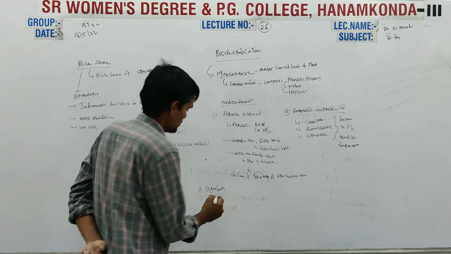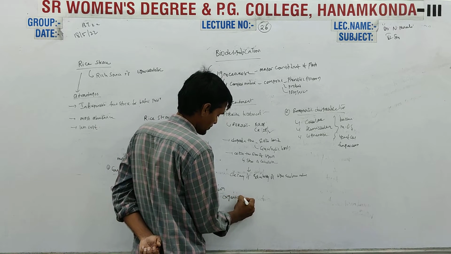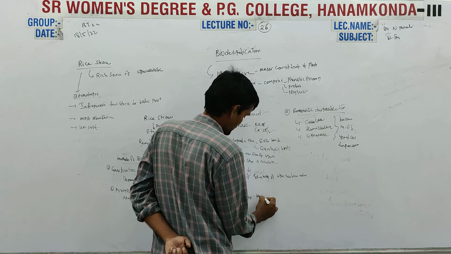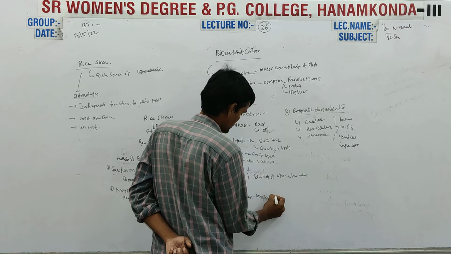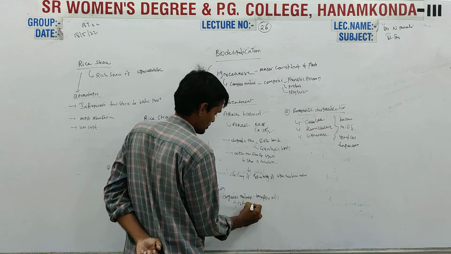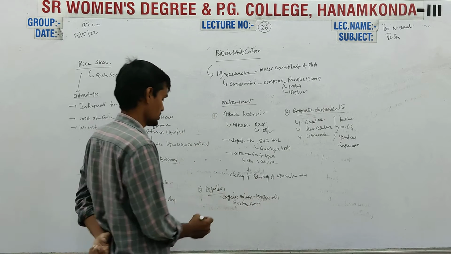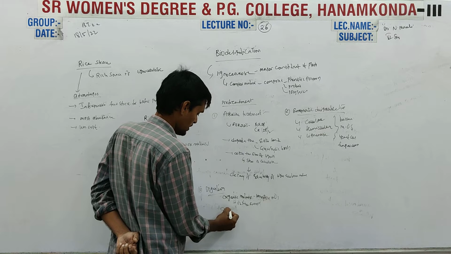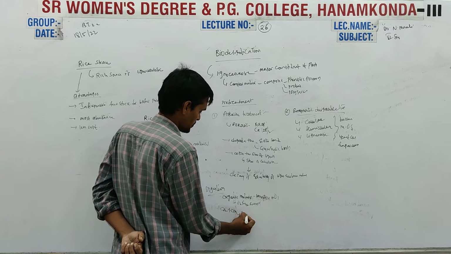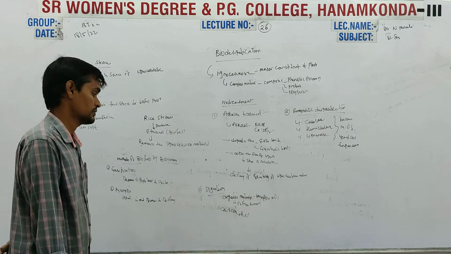In digestion, certain organic matter gets digested by anaerobic microbial organisms in an oxygen-free environment, which results in the production of byproducts, that is CO2 and methane. So this methane is used as biofuel. So that is digestion.